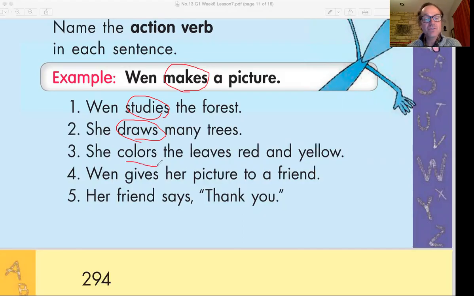So here's what she does with crayons. She colors them. Ren gives her picture to a friend. She gives it. That's the action. Her friend says, thank you. Her friend, what does her friend do? Her friend says. So they're the action verbs in this one. Did you get them right?